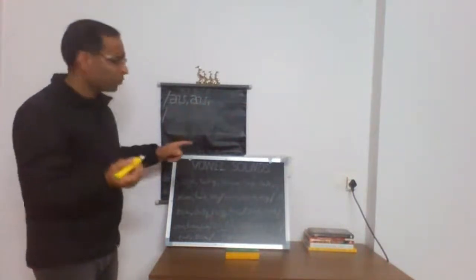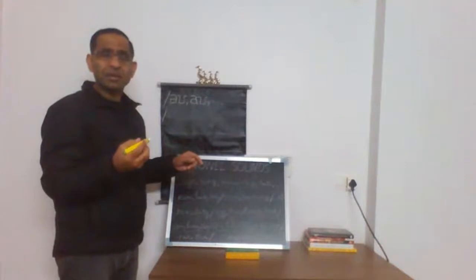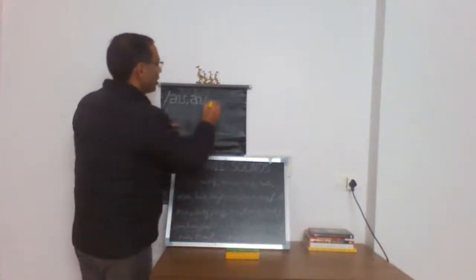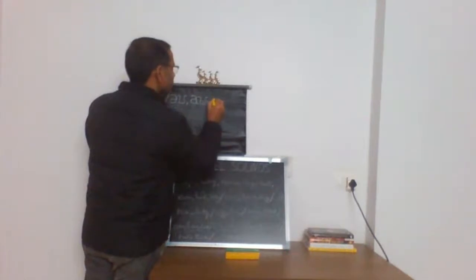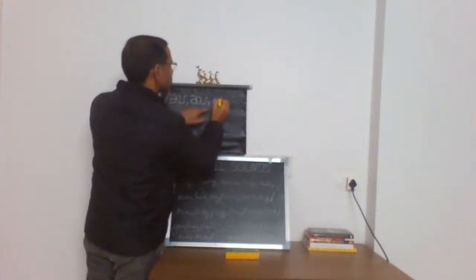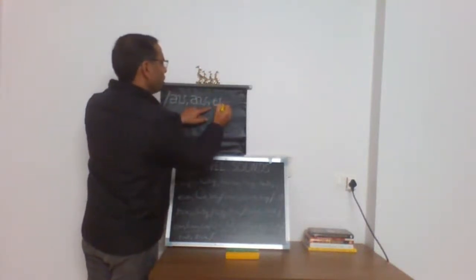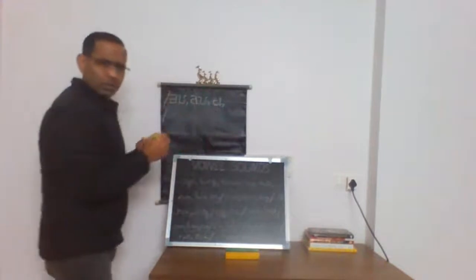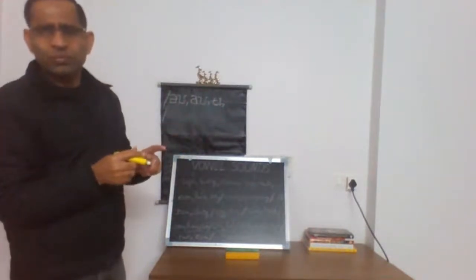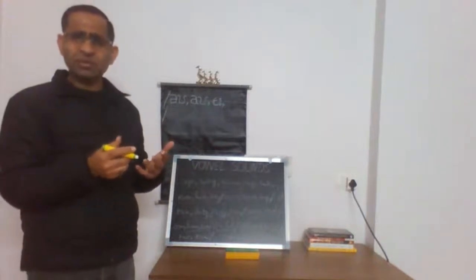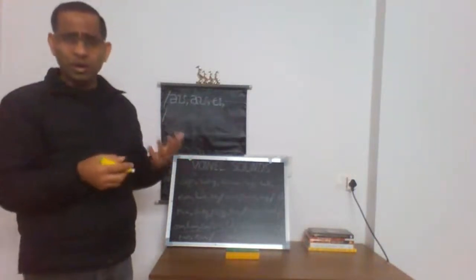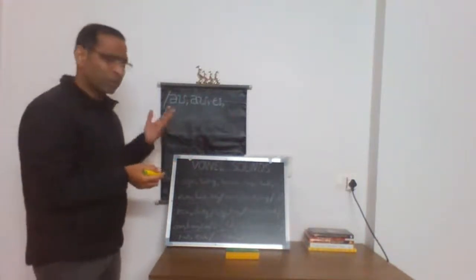Now coming to the sounds ending in e, like a, it is a very common diphthong. We use it very commonly in words like gate, late, hate, and so many others.